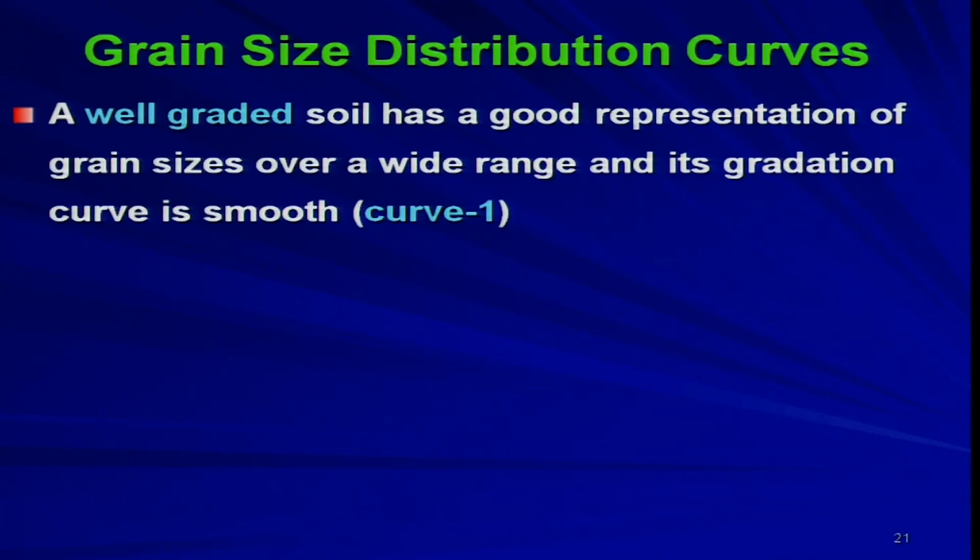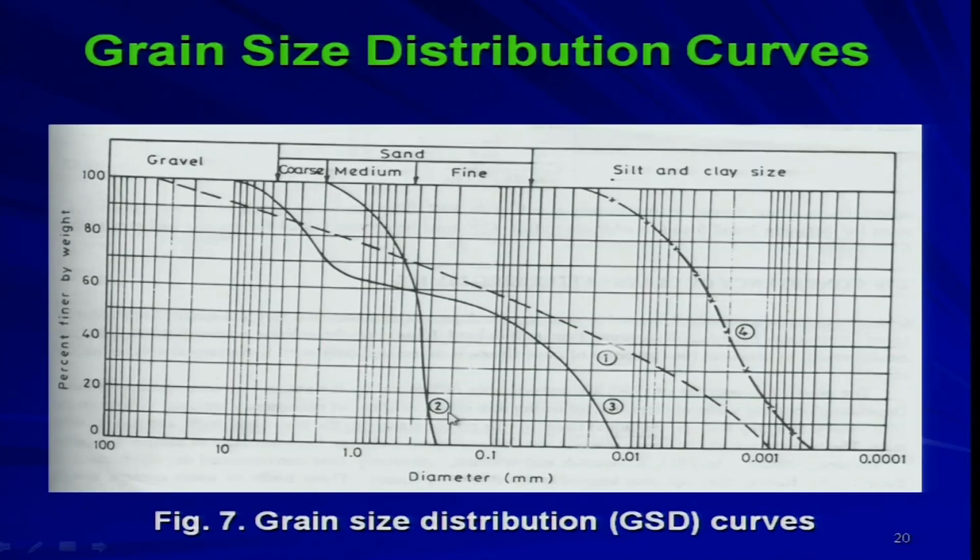A well graded soil has a good representation of grain sizes over a wide range and its gradation curve is smooth. If you look at this GSD curve, then this curve 1 is representing the well graded sample. Why is it well graded?